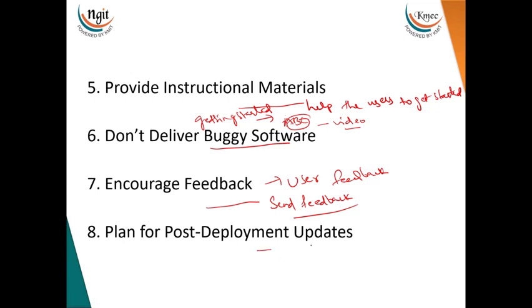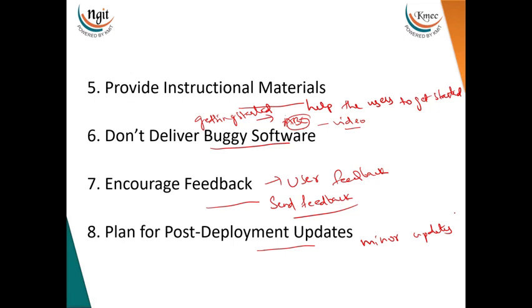So the next point is plan for post deployment updates. Let us say we expect some minor updates post deployment. We should also plan for such, because the users may request some new features, or request us to change something in the delivered product.